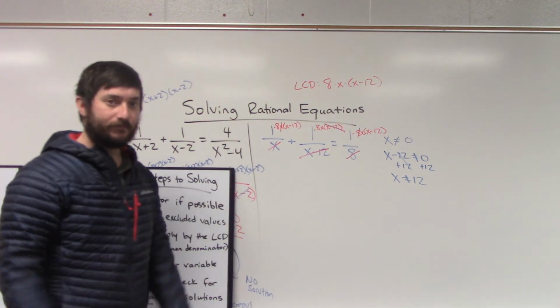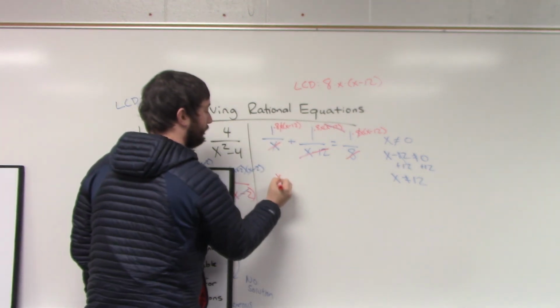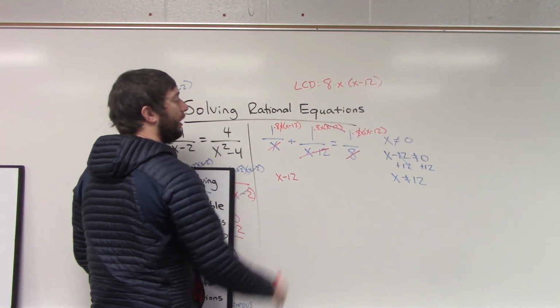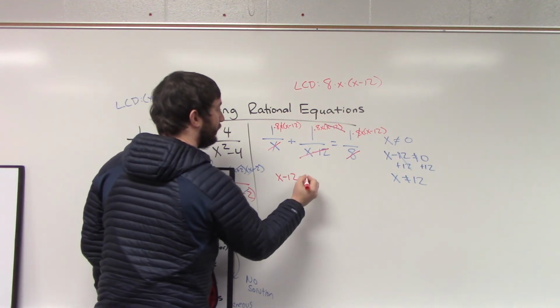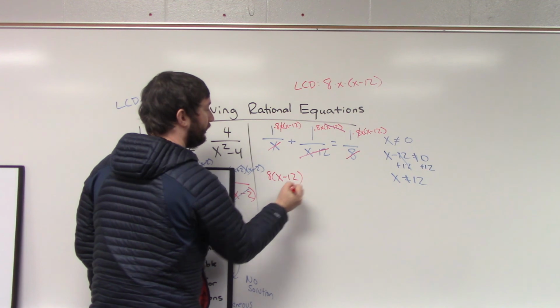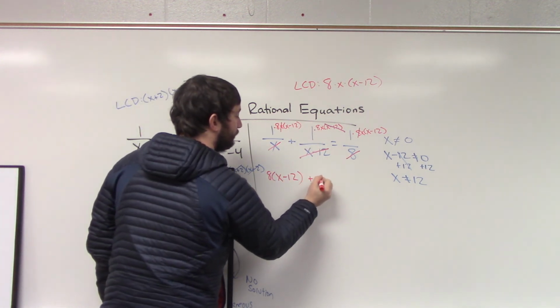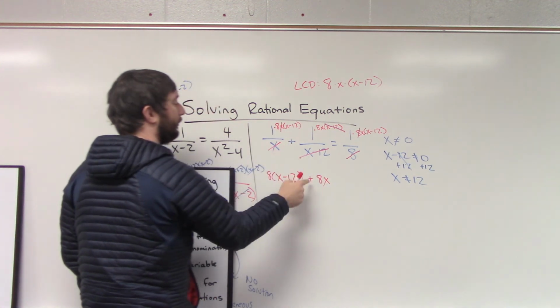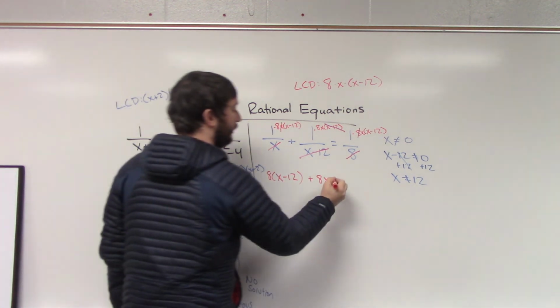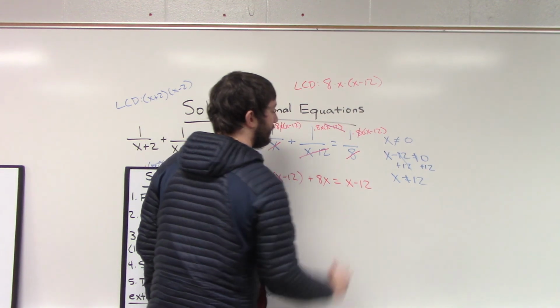Everything else can be simplified, right? 1 times anything stays the same. 1 times anything, sorry, that should be an 8 there as well. 1 times anything stays the same. We're adding here. Equals 1 times anything, once again, stays the same.